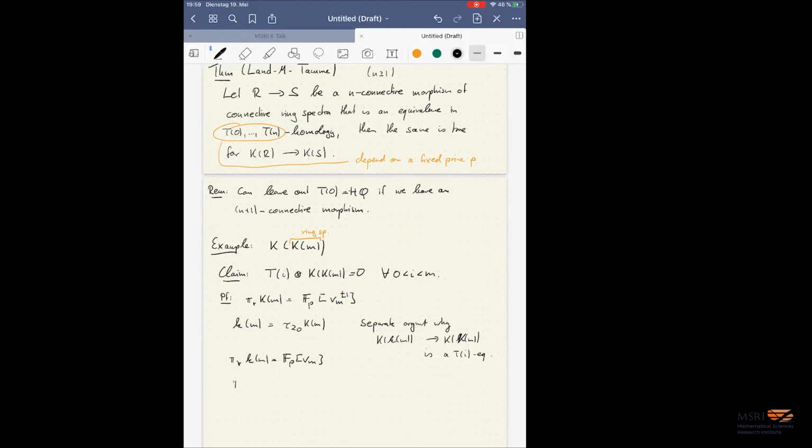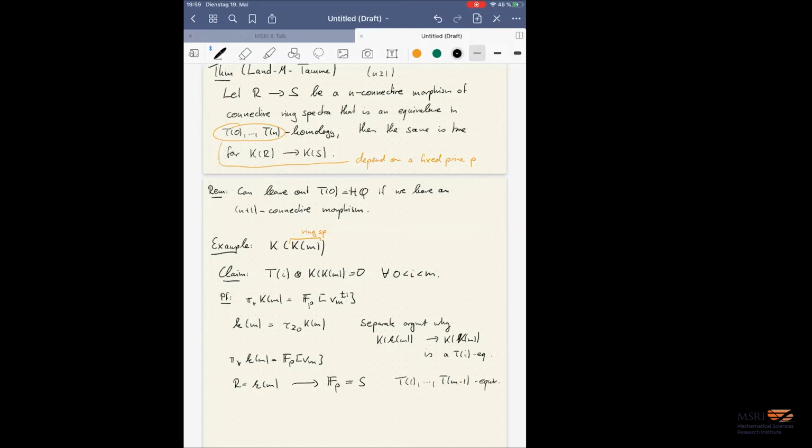So now I take R to be this connective K_m, and this maps to HF_p, which is in degree 0. It turns out that this is a T_1 to T_{m-1} equivalence, because both the source and the target are 0 in T_1 to T_{m-1} homology, as one can show.